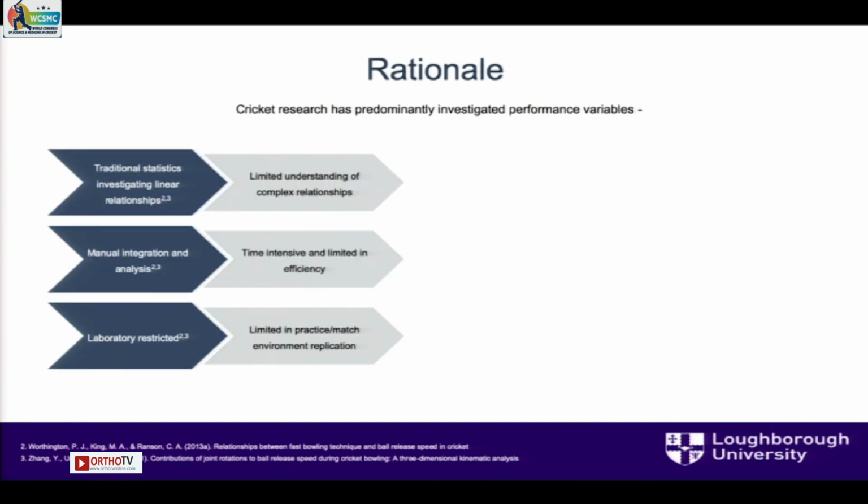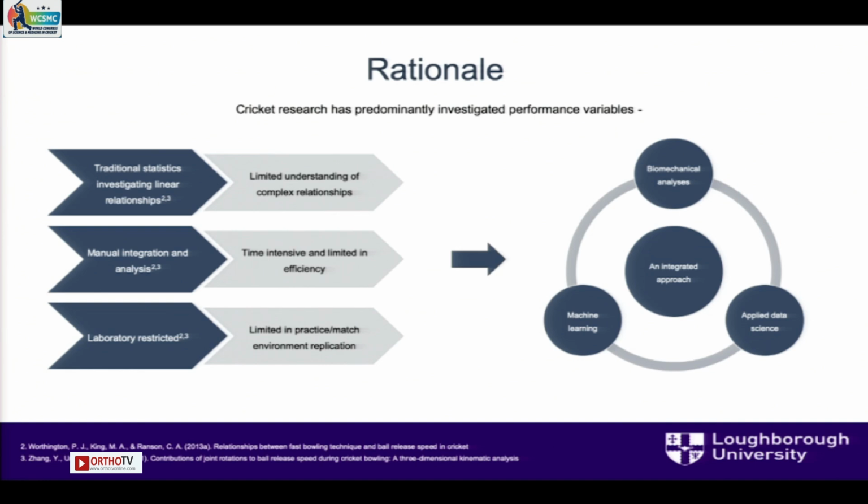As a result, there was a limited understanding of complex relationships that might lie in the performance patterns of the bowlers. The analysis was also time intensive and limited in efficiency. And because all of the studies were limited to lab conditions, we don't know the replications of them in a practice or a match environment.